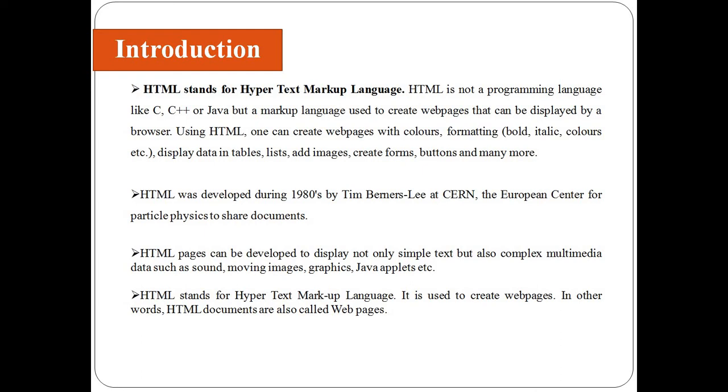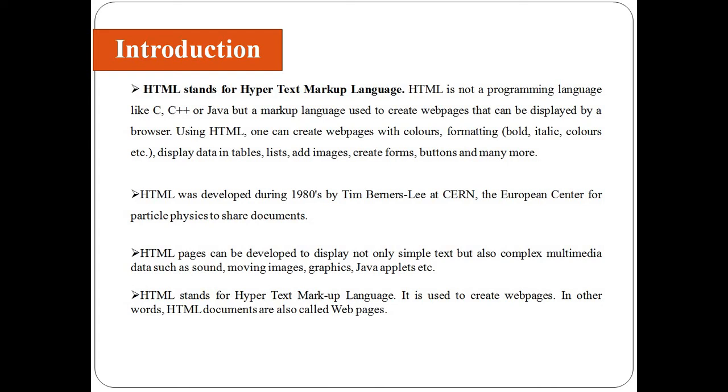HTML was developed during the 1980s by Tim Berners-Lee. HTML pages can be developed to display not only simple text but also complex multimedia data such as sound and images.